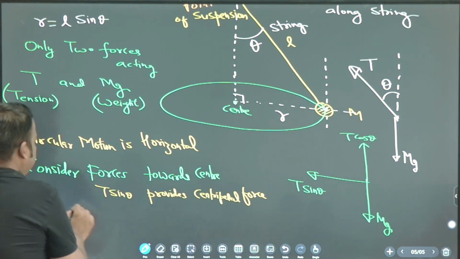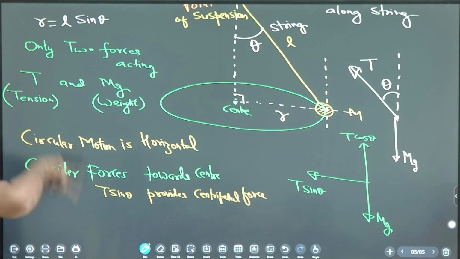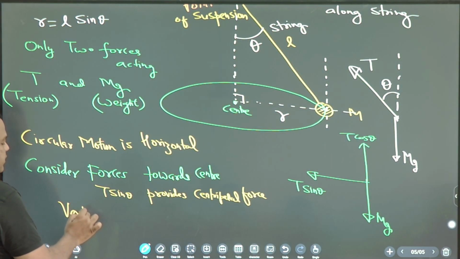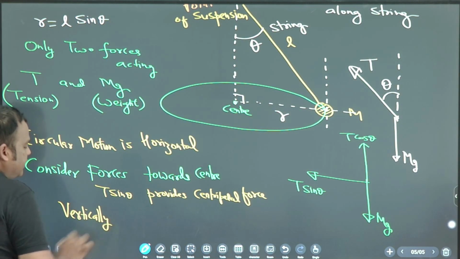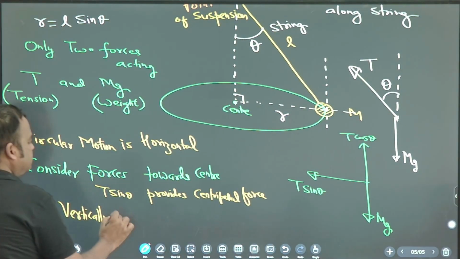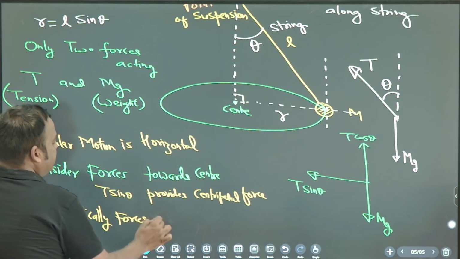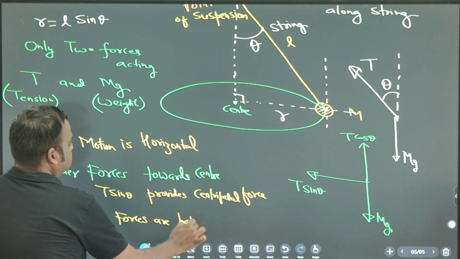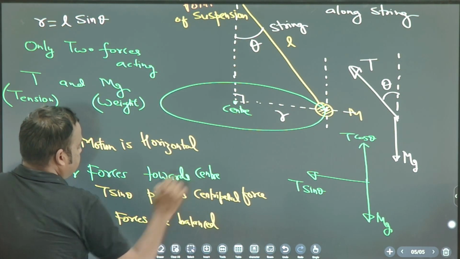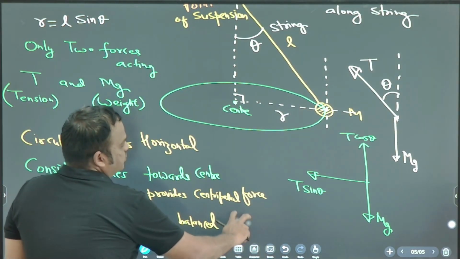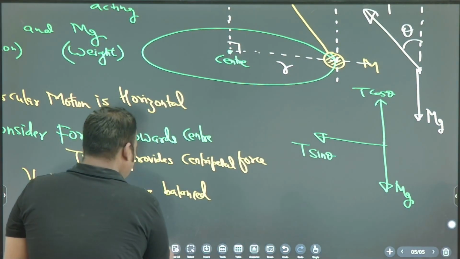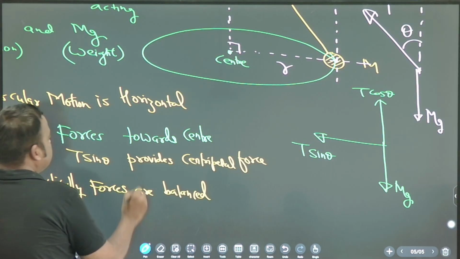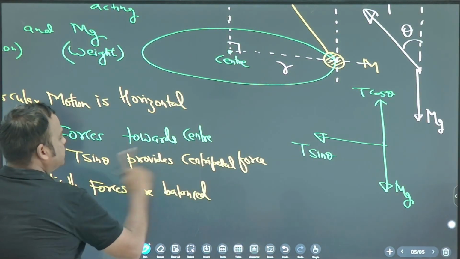Correct. So in the vertical direction, forces are balanced. Note down, vertically means vertical direction, forces are balanced. Now note down, T sine theta is centripetal force.